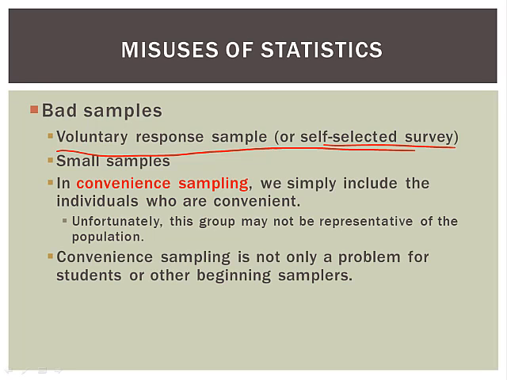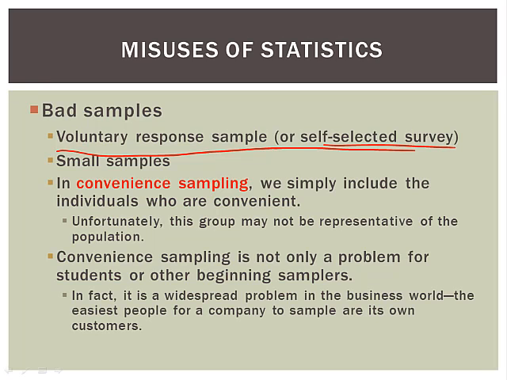It's not only a problem for students or beginning samplers. It's a widespread problem in the business world. The easiest people for a company to sample are its own customers. Sometimes that's all we have to go on. Convenient sampling is not nearly as tragic as the voluntary response sample.